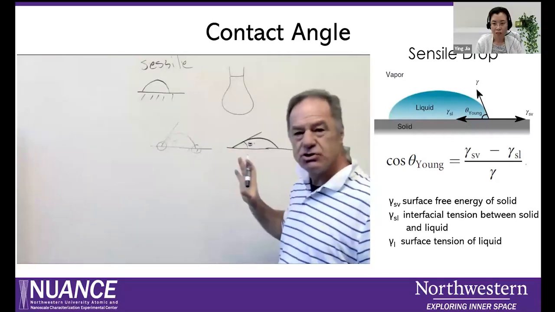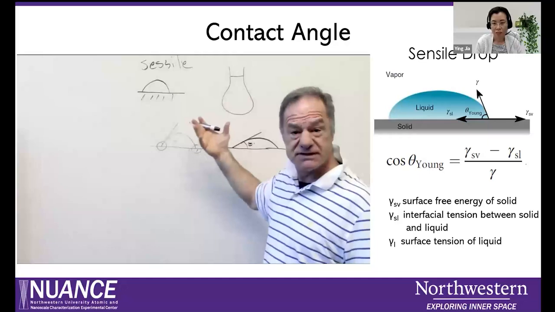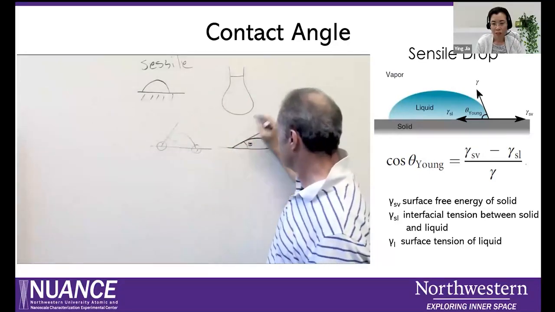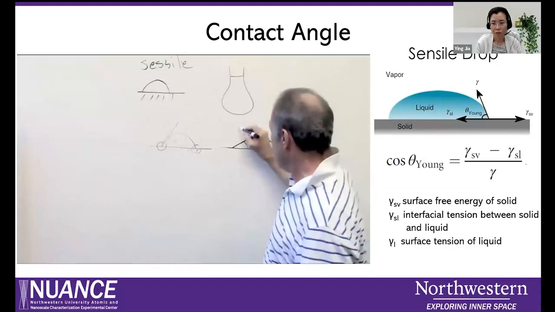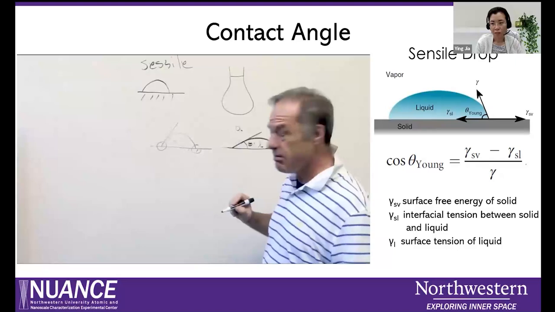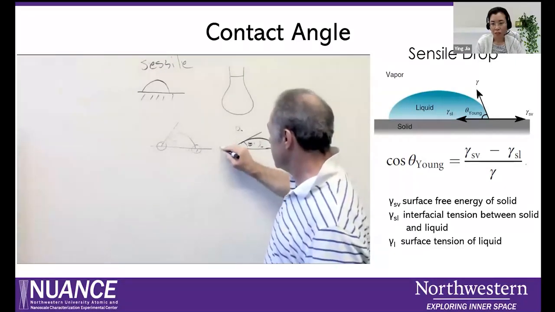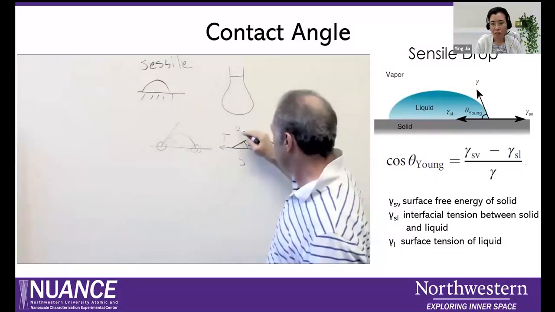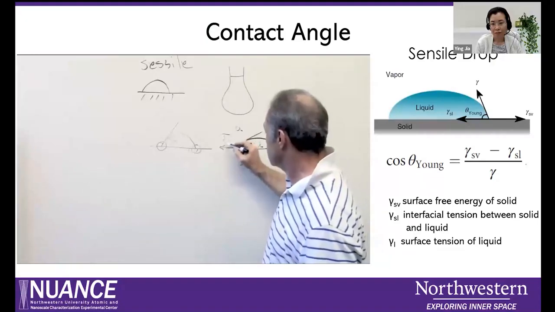it is controlled by surface energies that we talked about previously, or surface tensions. And there are three surface tensions in this problem, because we have the liquid droplet, we have an ambient fluid, it could be air, and then we have the solid. There is a surface energy or tension right here between the ambient and the solid. That's this one right here. So this would be sigma SA.